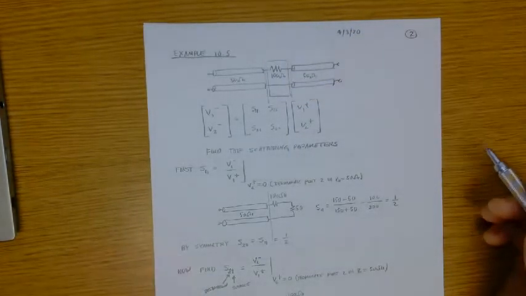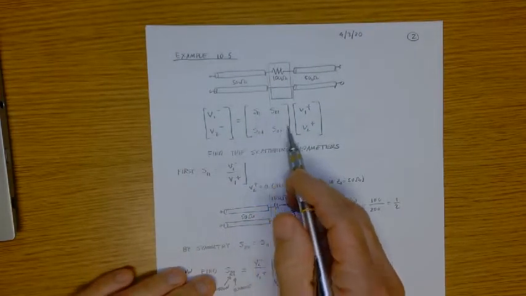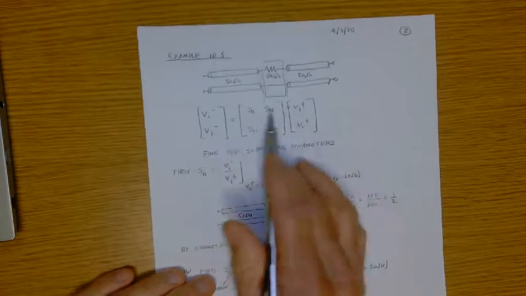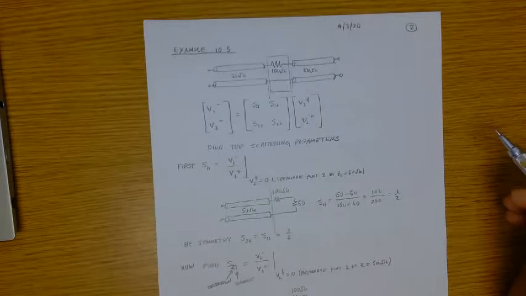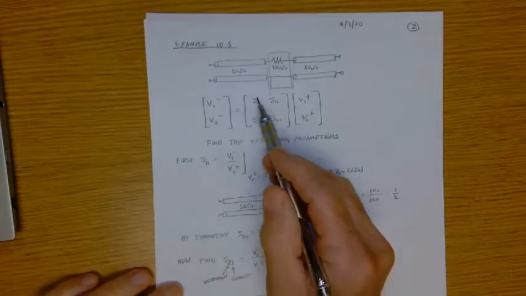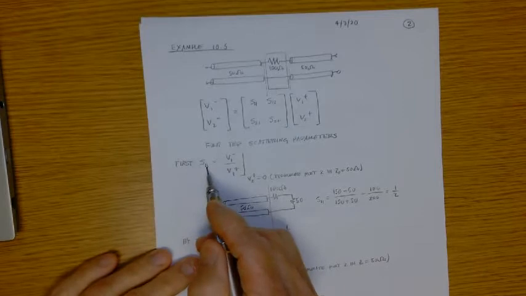V1 minus, V2 minus, equals S11, S12, S21, S22 times V1 plus, V2 plus. So here's our scattering matrix for this particular microwave network, and we're trying to determine what the scattering parameters are for this network, right? So let's get S11 first.